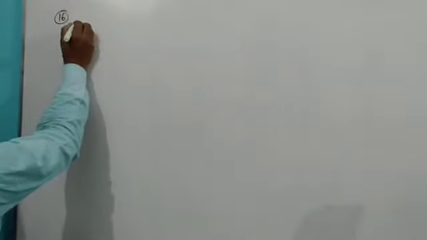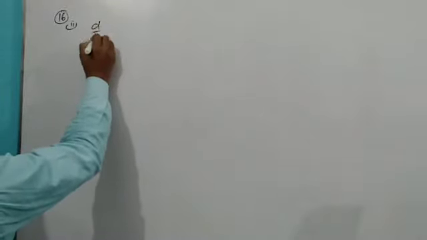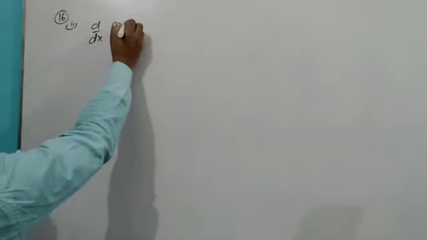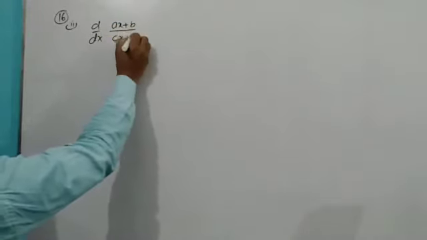16th, second part. In the 16th second part it's written: find d/dx of (ax + b) upon (cx + d).